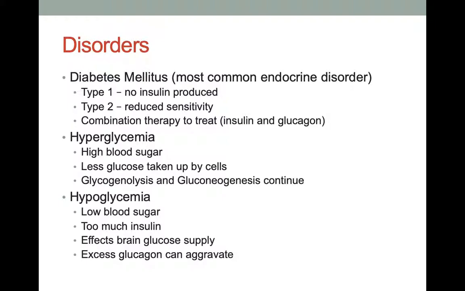They have large urine volumes, constantly going to the bathroom. We could see glucosuria, or glucose in the urine, and polyuria, which is excessive urination. As you're pulling that sugar out, you're also pulling water with it, and that can lead to dehydration.